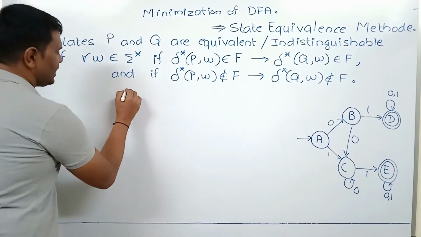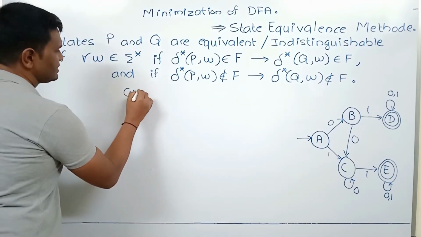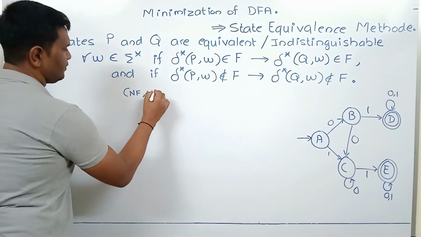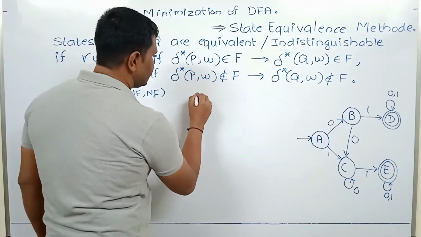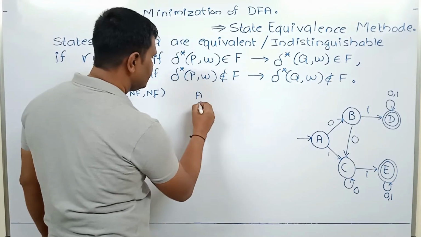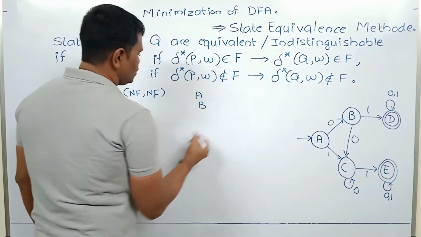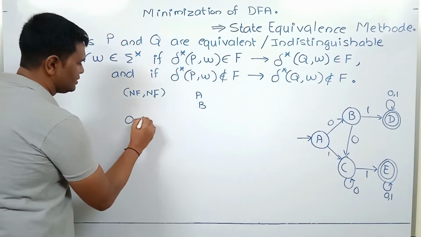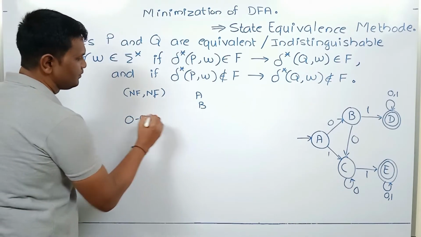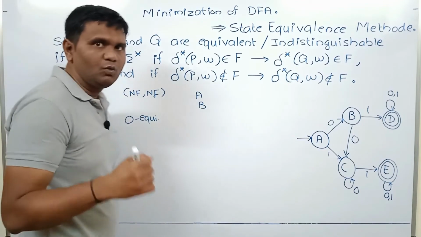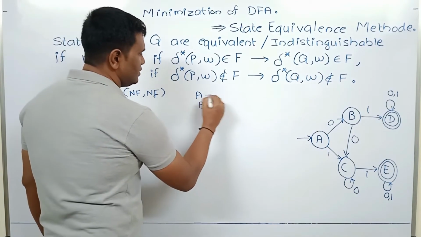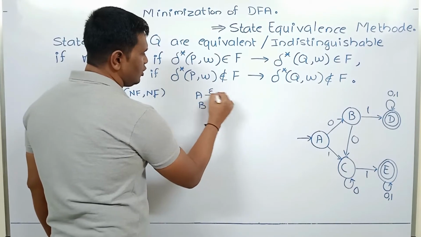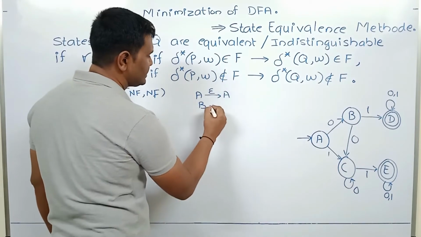Now consider any two non-final states A and B. We are checking 0 equivalence, and there is only one string of length 0, that is epsilon. A on epsilon goes to A, a non-final state.